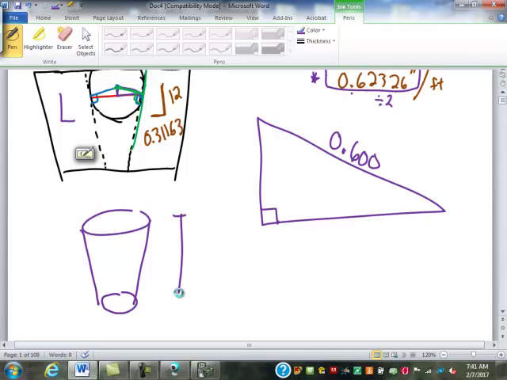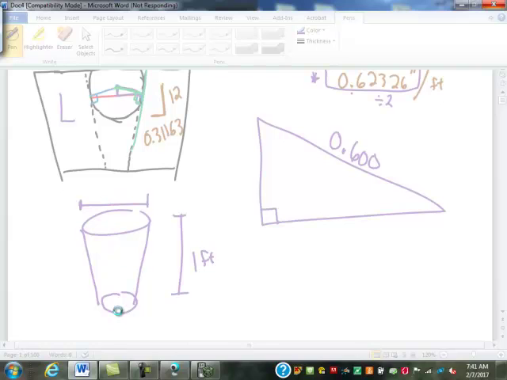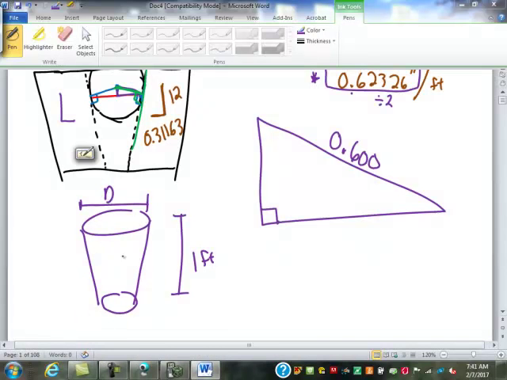What that's saying is that if this is 1 foot long, the difference between this diameter and this diameter, big D minus little d, is going to be 0.62326 inches. So since we know that, we can turn that into a rate. It's that much per 12 inches, since it's 1 foot.